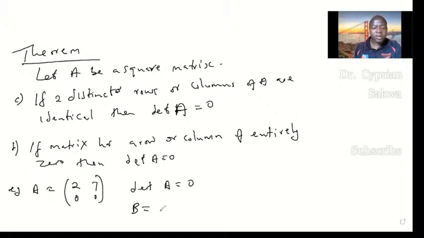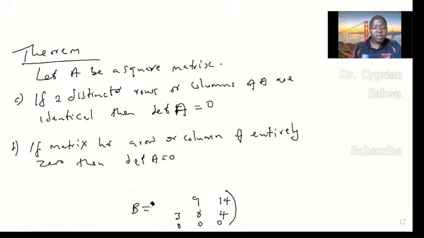Even if I were to take matrix B, which is 7, 9, 14, 3, 8, 4, and 0, 0, 0, and I'm asked to find the determinant of this matrix, I don't need to waste a lot of time. I've already noted that the last row is entirely zeros, and that means the determinant of this matrix B will be 0, because I just look at the row there. I've seen that there's a row that is made of zeros.